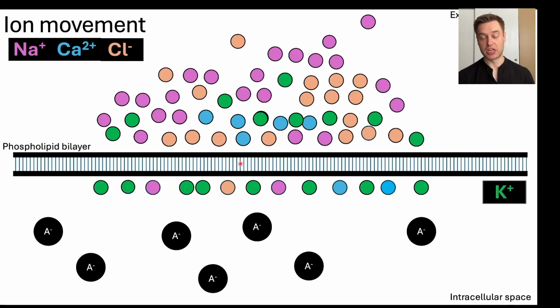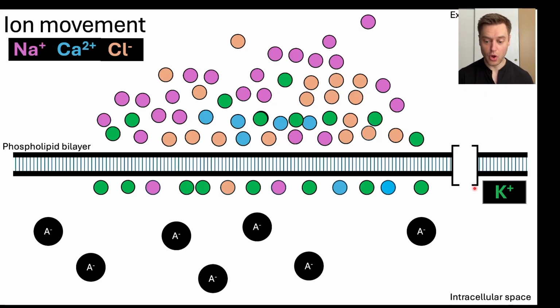So sodium is going to want to get away from areas of high concentrations of sodium, but also areas of high positive charge. But what would happen if we broke a hole in our phospholipid bilayer? I already told everybody that we have a different ionic makeup on the outside of the cell relative to the inside of the cell.